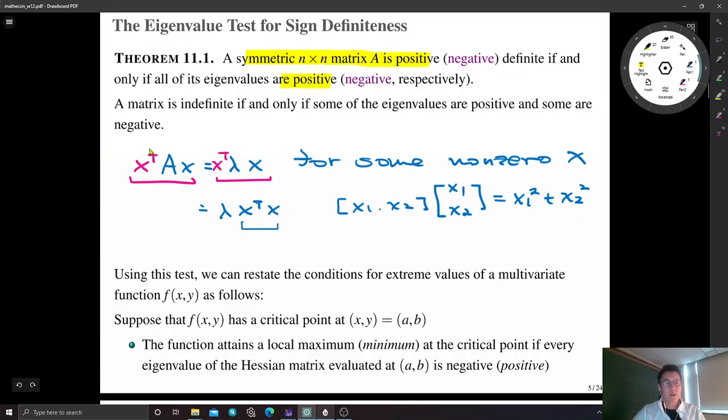Okay. So the sign of this quadratic form depends on the sign of lambda. So if lambda is positive, then the quadratic form takes a positive value. If lambda is negative, then the quadratic form takes a negative value. Okay.